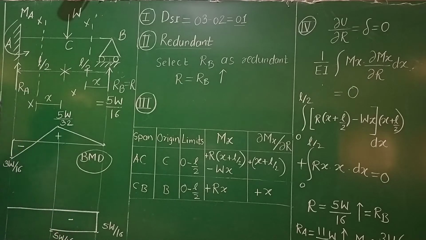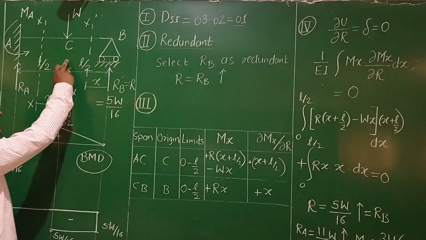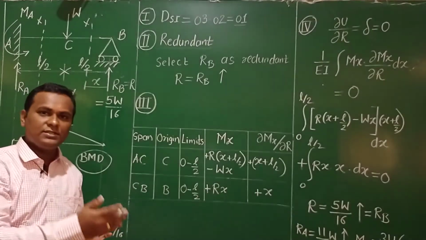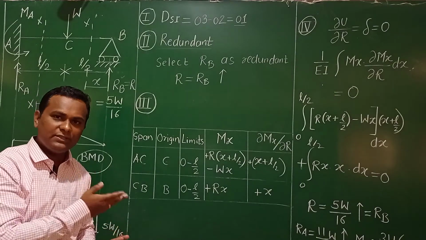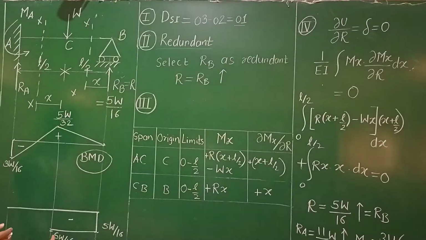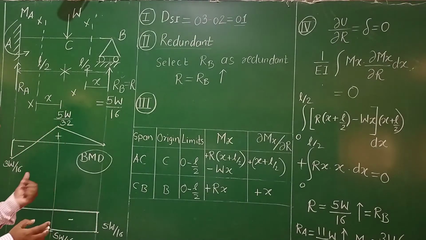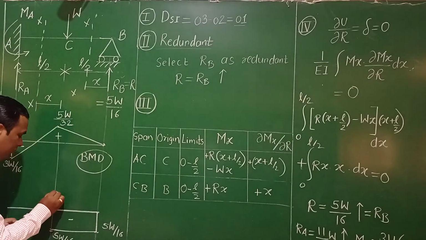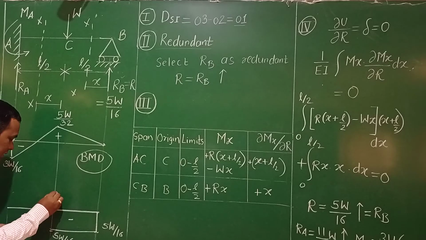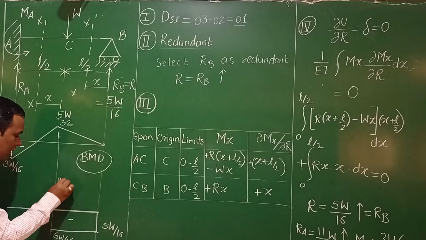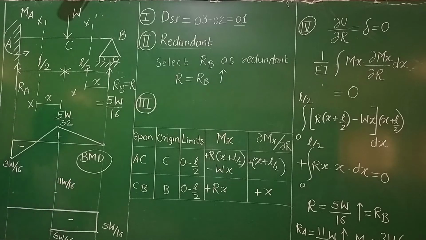Here it is minus, and afterwards we can see there is a point load. So at the point load we get two values of shear force. One is just left of point C, the second is just right of point C. Just left of point C the value is minus 5W by 16, and just right of C, when we do the calculation, you will get 11W divided by 16.